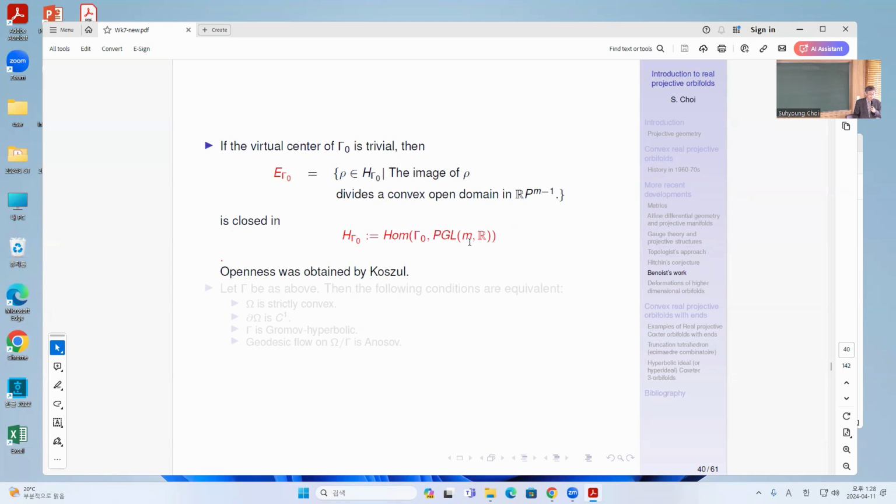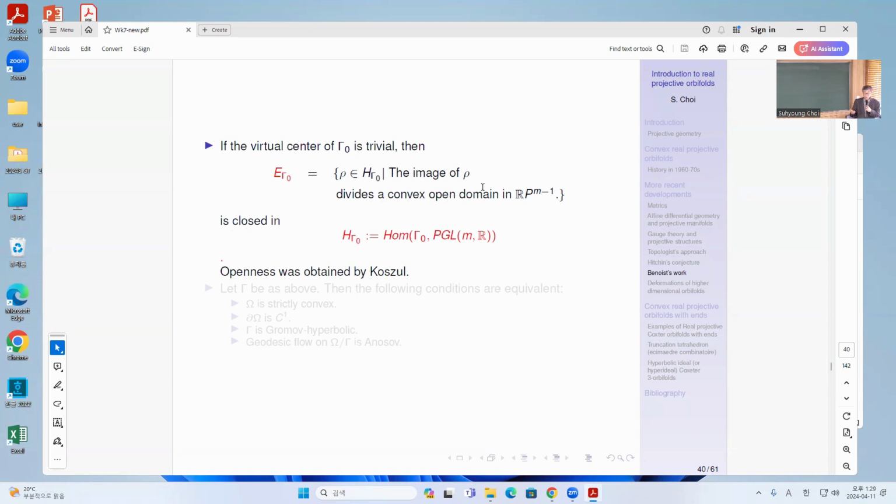And also, if the virtual center of gamma is trivial, by virtual center I mean the center of some finite index subgroup, so if you can find such a finite index subgroup whose center is trivial, then the set of images of rho which divide a convex open domain in RP^(m-1) is closed in this Hom space.